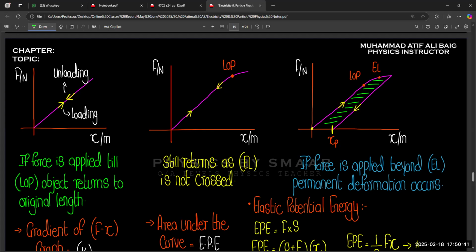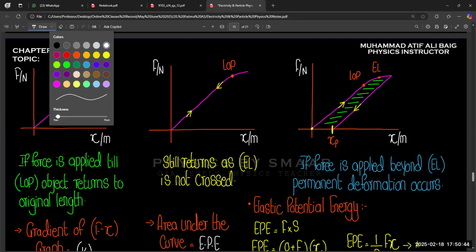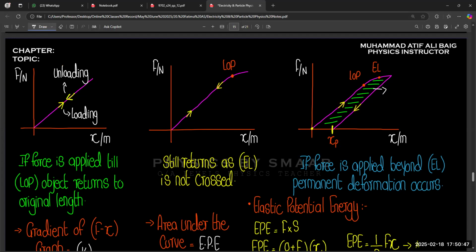So basically, this is the elastic potential energy stored due to permanent deformation.